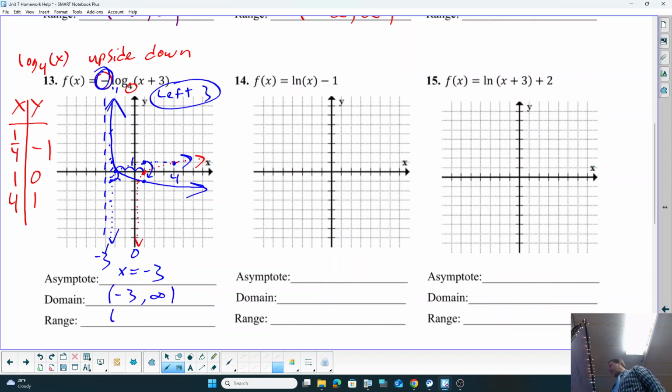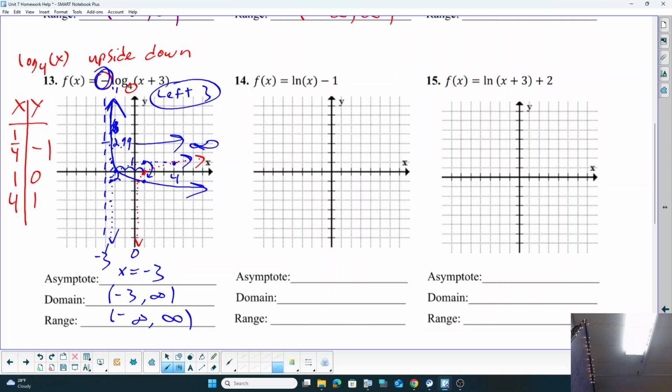And then our range is -infinity to +infinity, because it goes up forever and down forever. Again, the domain starts here at -3. This is almost -3, like -2.999, and goes to infinity. So that's why we use a parenthesis with the -3.